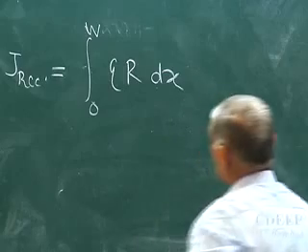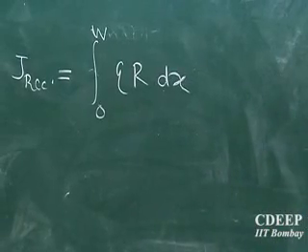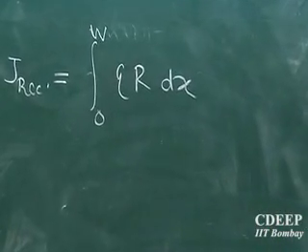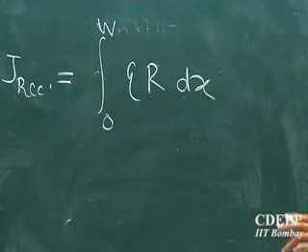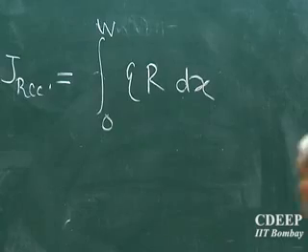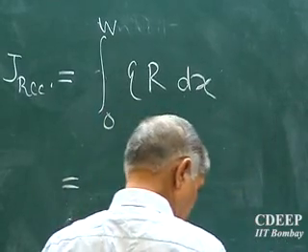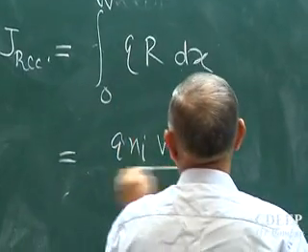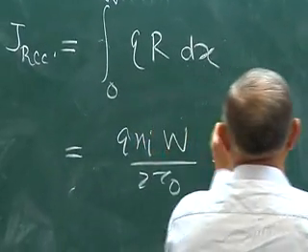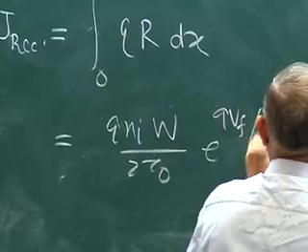If I integrate this q into R over the total depletion width, which is proportional to the square root of voltage, please remember W, this value roughly equals q ni W upon 2 tau 0 e to the power qVf by 2kT.